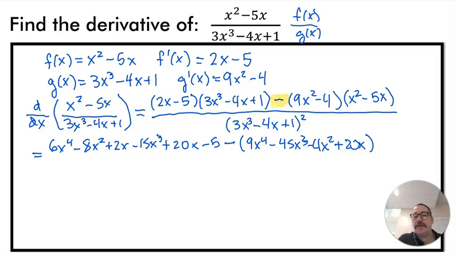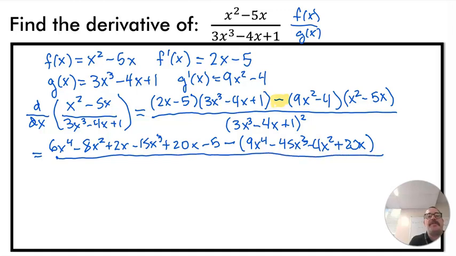Just double check everything else. Yeah, that looks good. Okay, so we've got 9x to the 4th minus 45x cubed plus, minus 4x squared plus 20x. And then in our denominator, we still have the same thing down there. We haven't done anything with it.